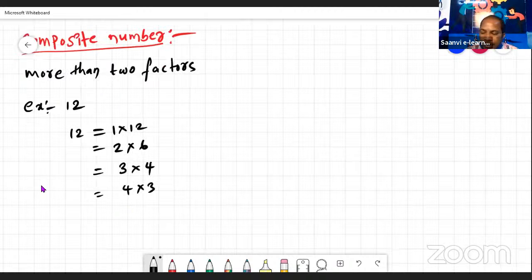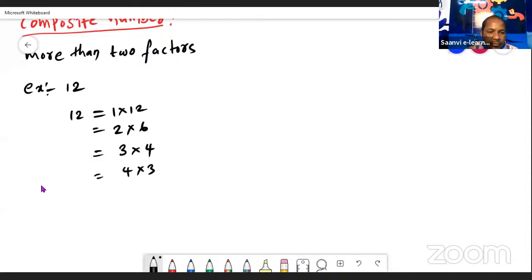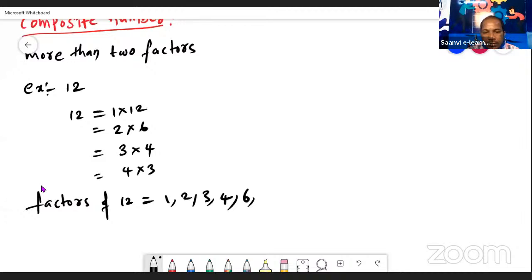Now find the factors of 12. What are they? 1, 2, 3, 4, and the next numbers. 3 is there, first number, 3 already written. 4 is also there, 4 also written. After 4, next 6 is there, and 12 is there. So these are the factors of 12.